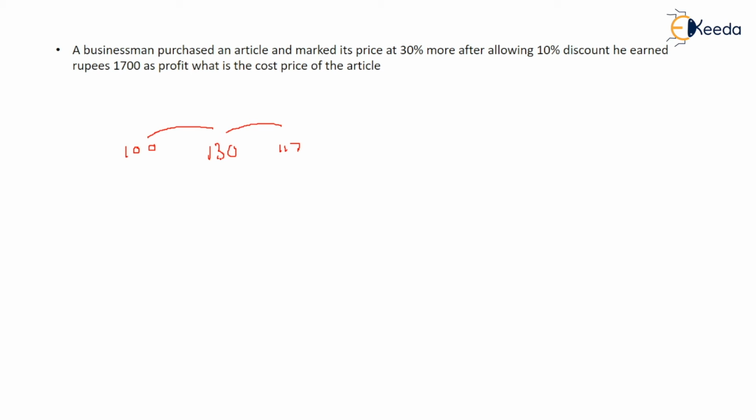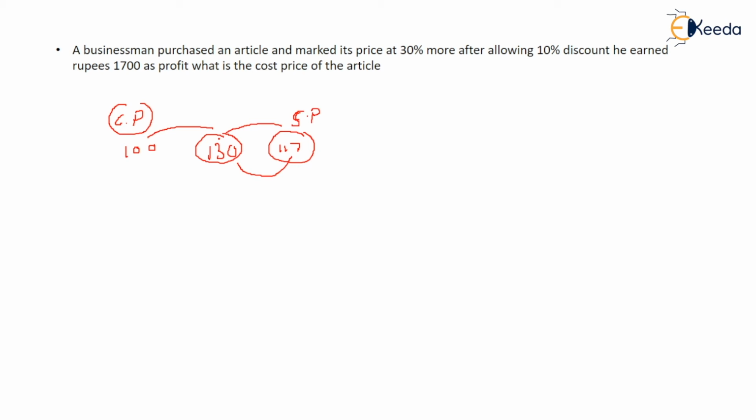Okay. So here you can see this is your cost price, right? This is your selling price, right? And this is your cost price. It means he is investing 100 rupees, and he is getting 117. Mark price is something that is kept as a reference, right?